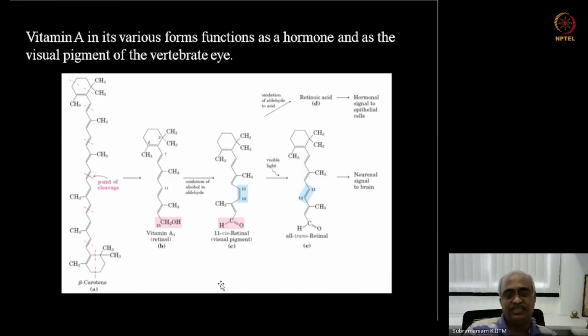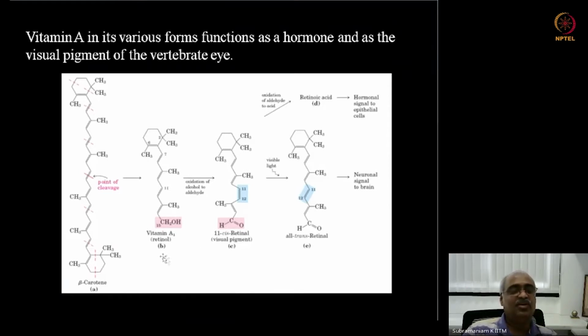And the other major function it does is, remember our stereochemistry. We learned about geometric isomerism, where when you have a carbon-carbon double bond, the groups attached to the two carbons can either have cis orientation or trans orientation. That is also called cis-trans isomerism. And cis-trans isomerism in this vitamin A is in the aldehyde version.